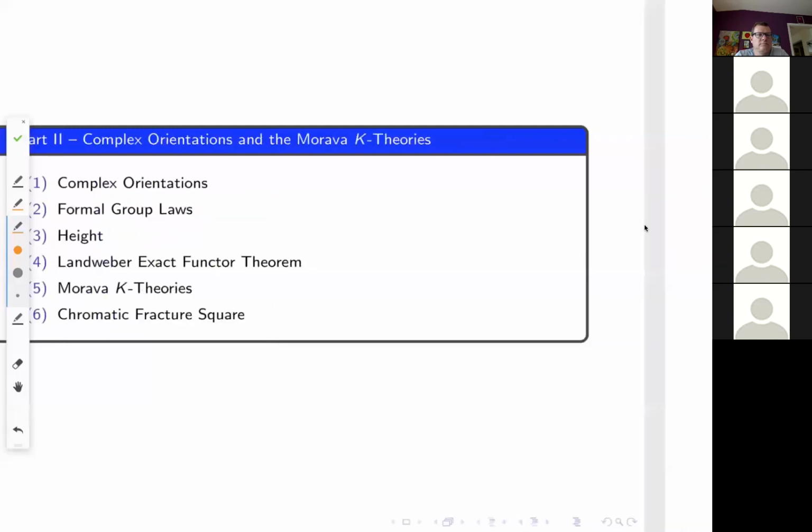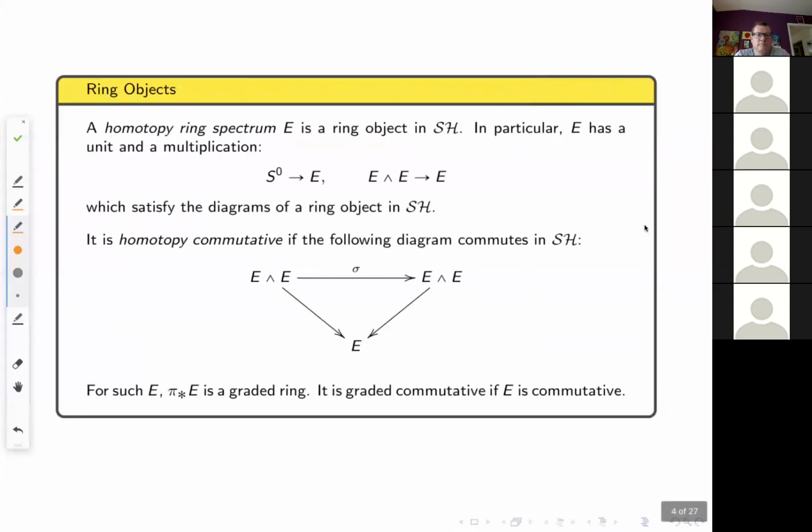Before I jump into the new topics, first I need one more definition, that of ring objects in SH. If I have a spectrum E, I'm going to say that it's a homotopy ring spectrum, and for today, it's just always going to be homotopy rings, if it's a ring object in the stable homotopy category. What does that mean?